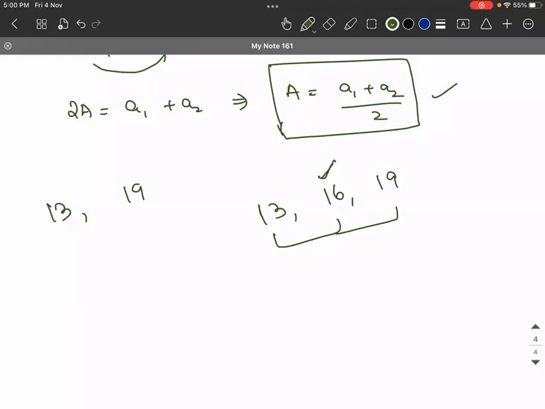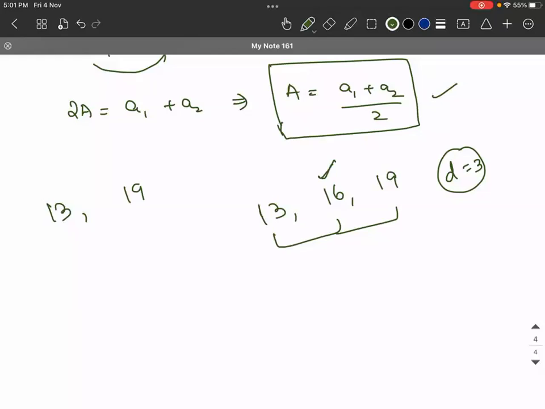Yes, with a common difference of 3. That is why it is called the arithmetic mean. So what is arithmetic mean? I want you all to conclude it. Arithmetic mean is that number inserted between two numbers so that it makes the sequence an arithmetic progression.